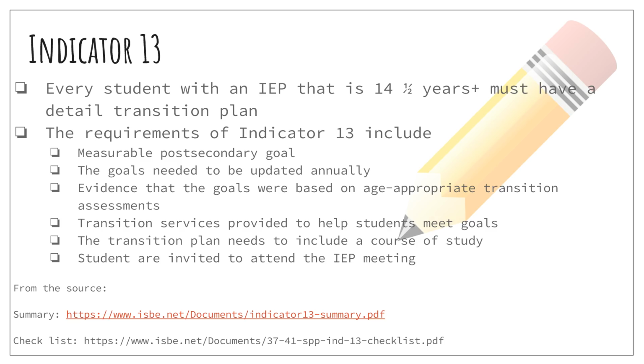After completing the secondary transition page and your goals, every student with an IEP that's 14 and a half years or older must have this transition plan, right?